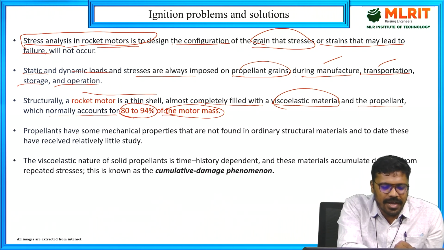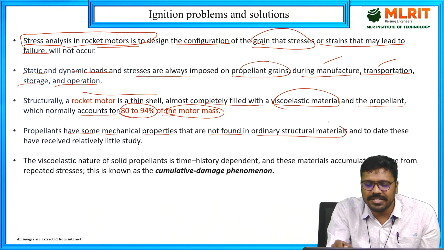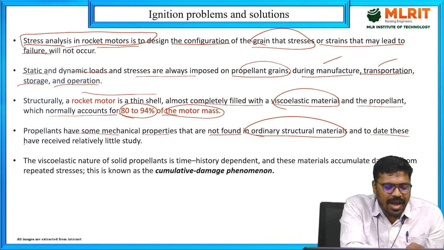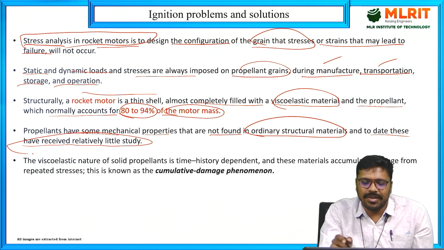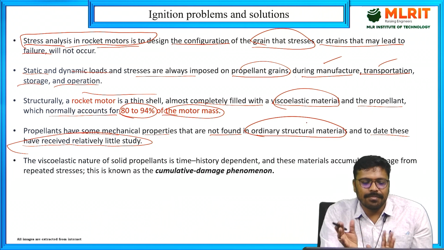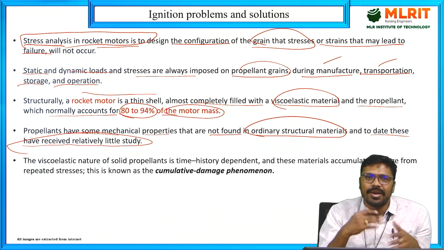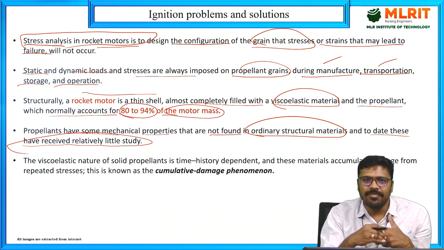Each propellant has different mechanical properties that are not found in ordinary structural materials, and to date this has received relatively little study. Because of these different properties of the propellants, we should go for more research to avoid failure at the time of the ignition process.